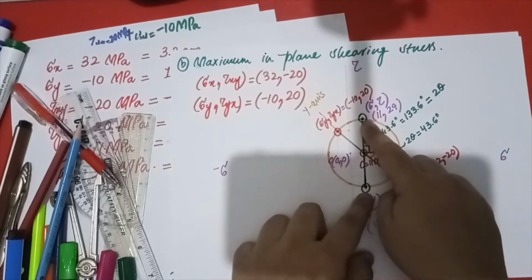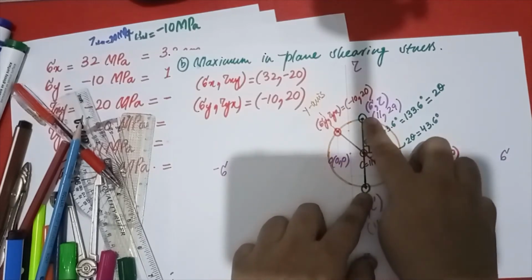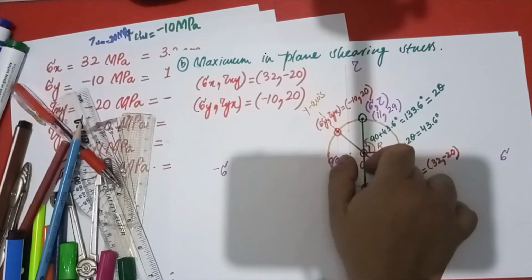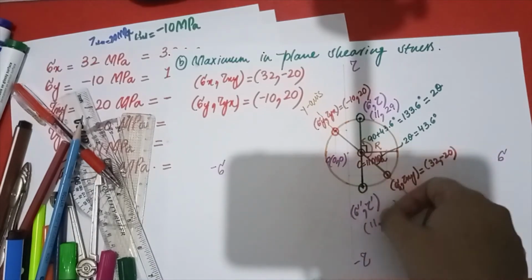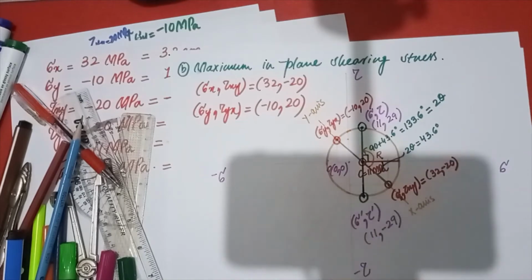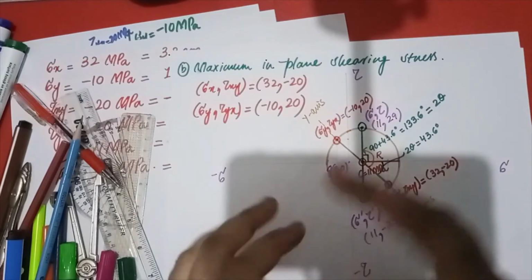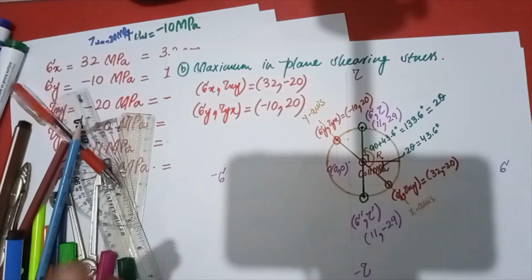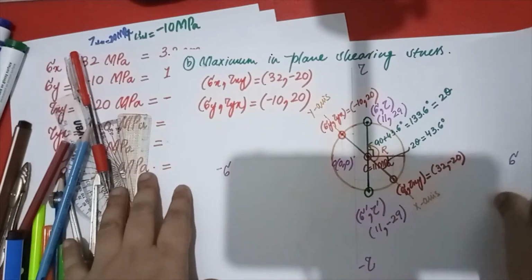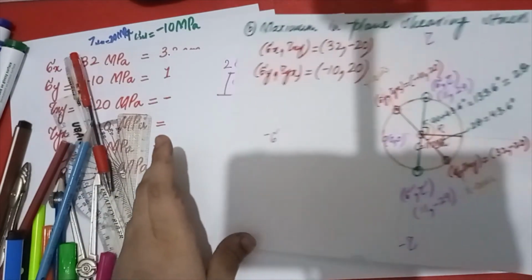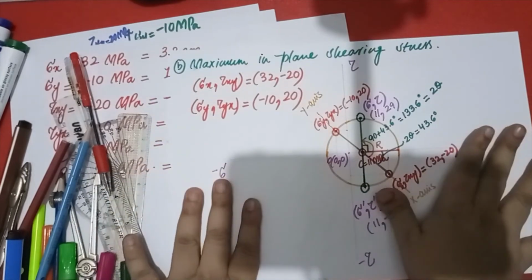We need to find the maximum shear stress. So we are getting maximum shear stress, and sigma should be 11, equal to OC. So we are getting sigma comma tau, sigma dash comma tau dash. And how can you make the differential element? You know it. You will get my point. This is all about part B.